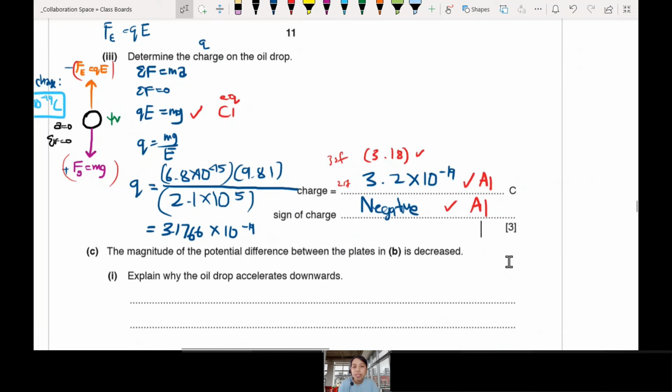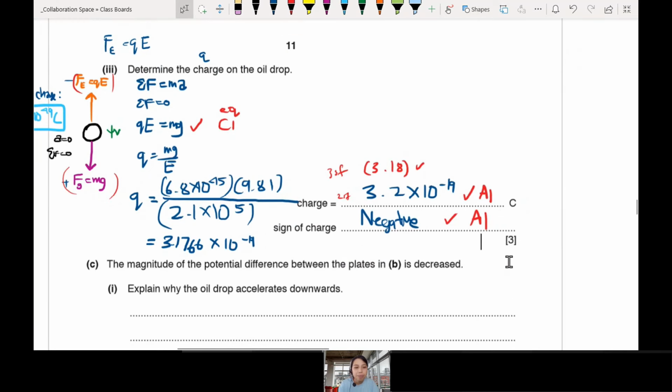Okay, let's go on to part C. Part C now. You have your setup, it's nice and steady. But now, the magnitude of potential difference between the plates is decreased. If you have your equation E equals V over d, say this is delta V, okay? This one is decreased. Then, what happened?